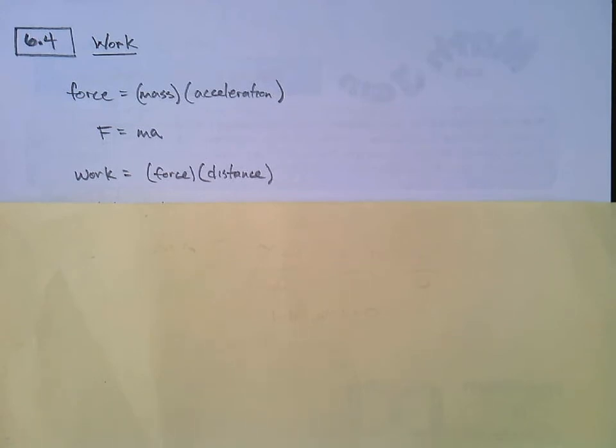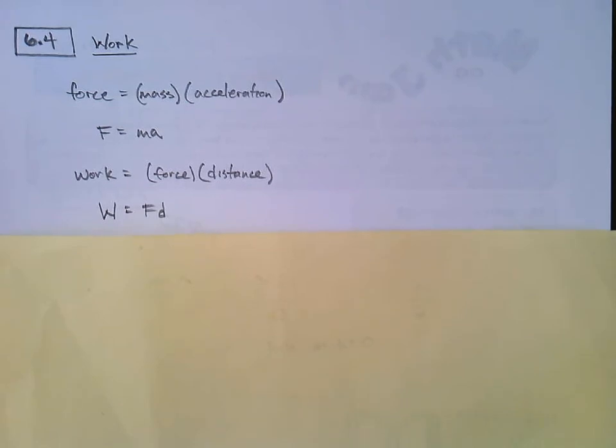So when you apply a force over a given distance, you're said to be doing work, or the system is doing work. So you multiply the force you're applying over the distance that it applies to. Okay, so there's our equation.